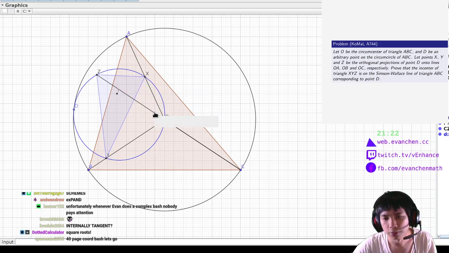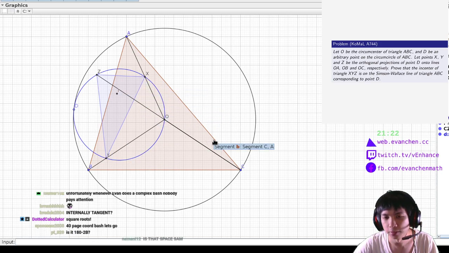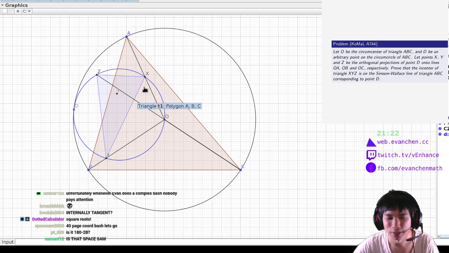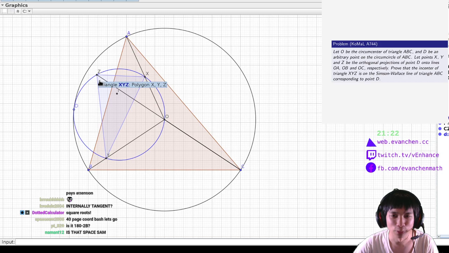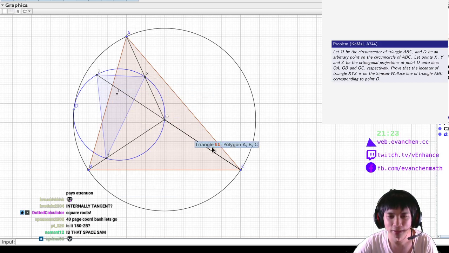This angle is twice this angle. This is 90 minus... Okay, so 180 minus 2B or something like that. So actually, you know all the angles of XYZ, so this is not quite as scary as I thought. On the other hand, it still kind of scares me.